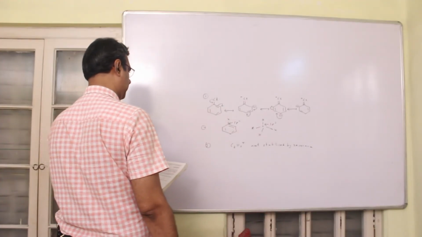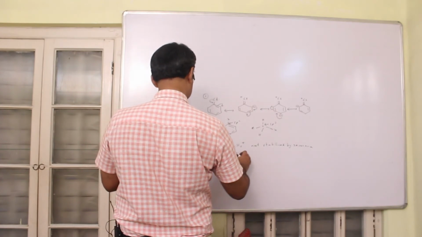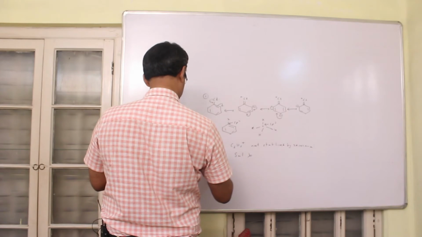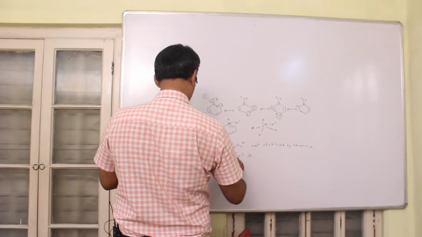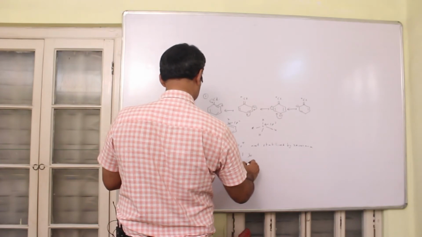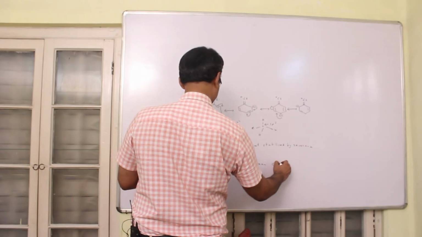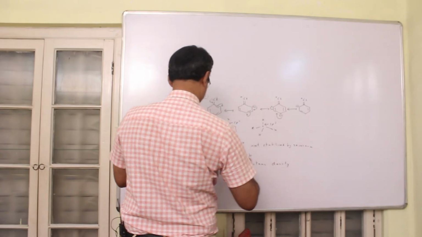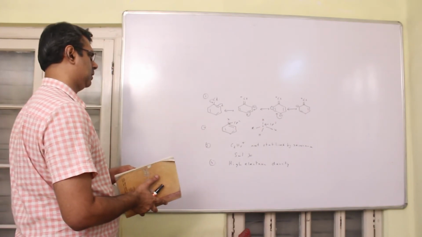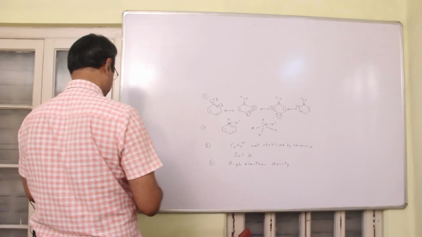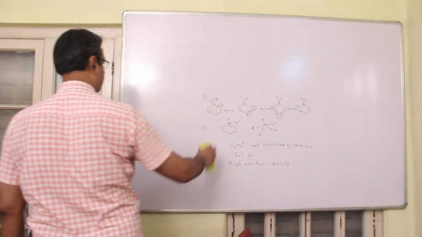So because the phenyl cation is not stabilized by resonance, that is why SN1 is not possible. That is number 3. And the fourth very obvious reason is high electron density. So it's quite clear that there will be high electron density on the ring. That is the fourth reason.